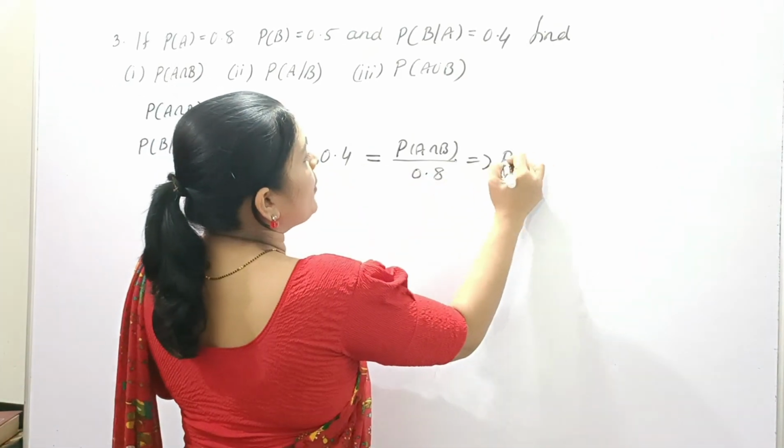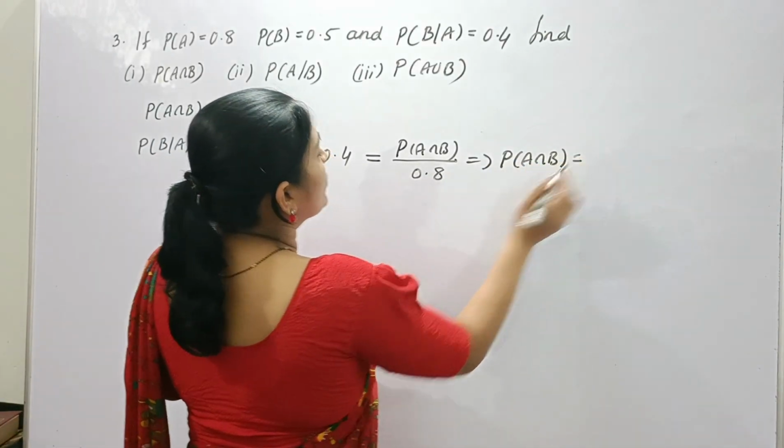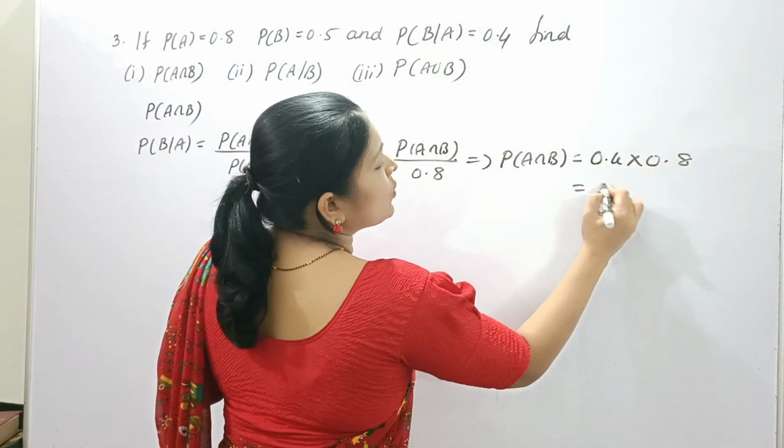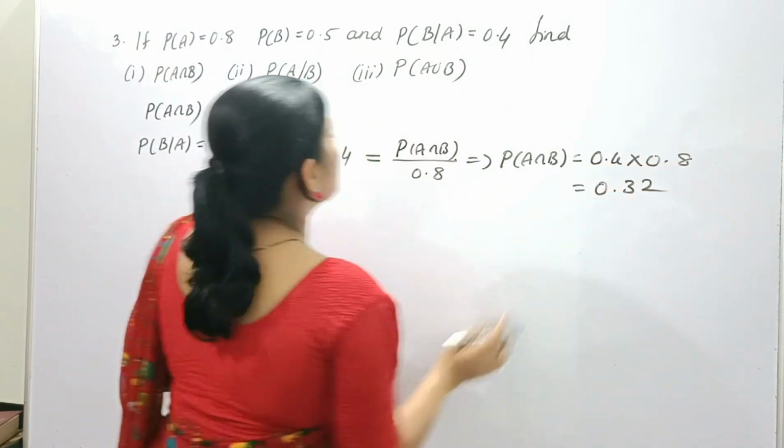That implies probability of A intersection B is equal to 0.4 into 0.8, that is equal to 0.32.